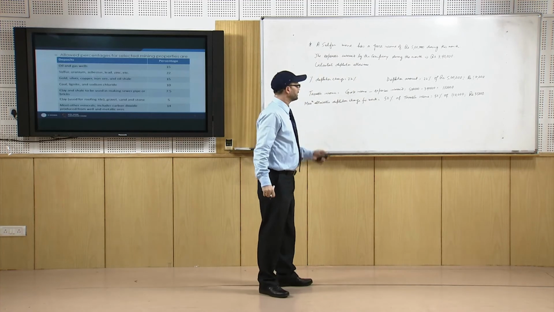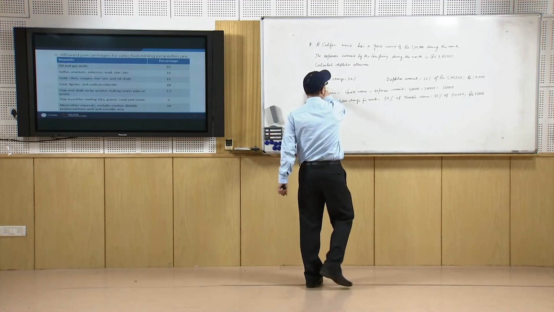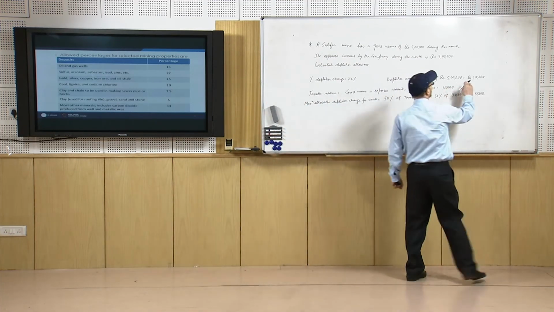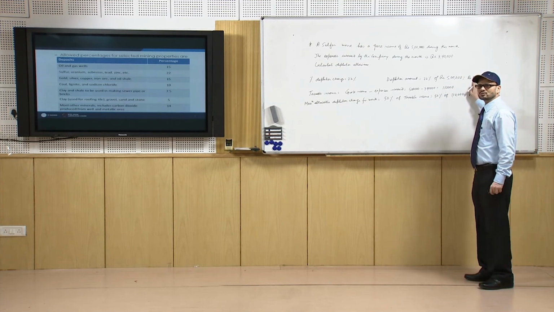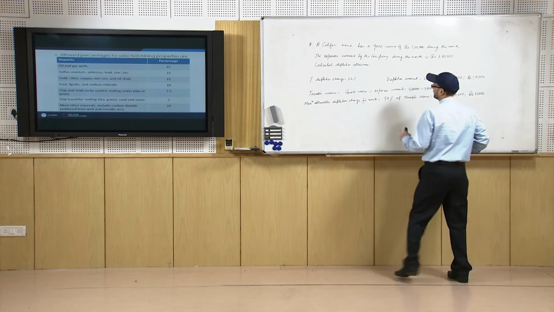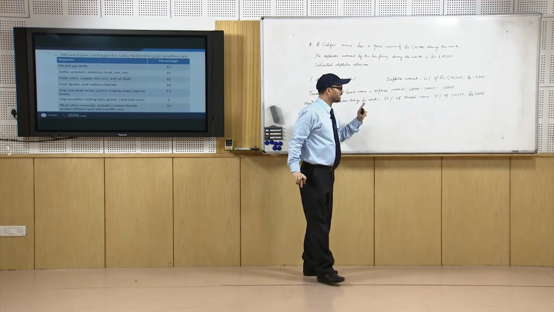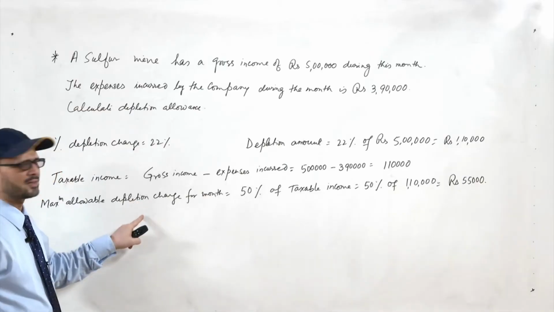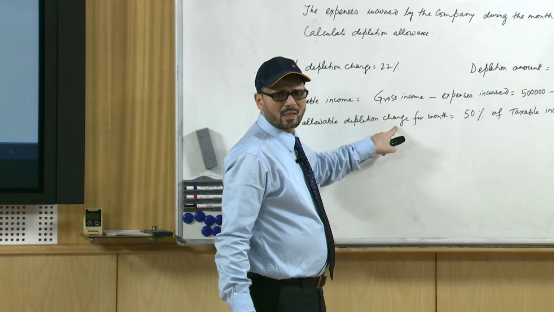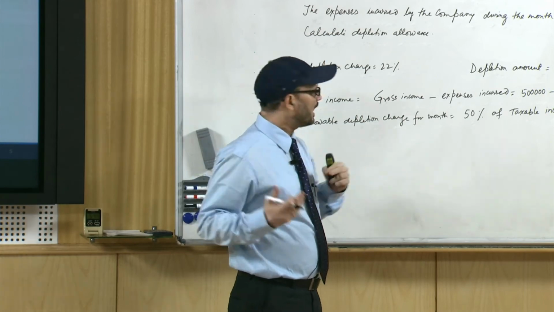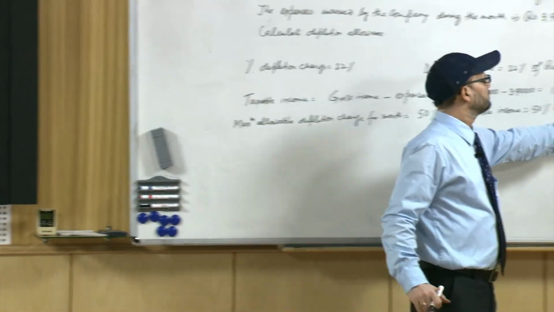Now, what we see is that using the percentage method you calculate the depletion charge as rupees 1,10,000, whereas once you take into account the taxable income, the maximum allowable depletion charge which the company can afford to get is rupees 55,000.